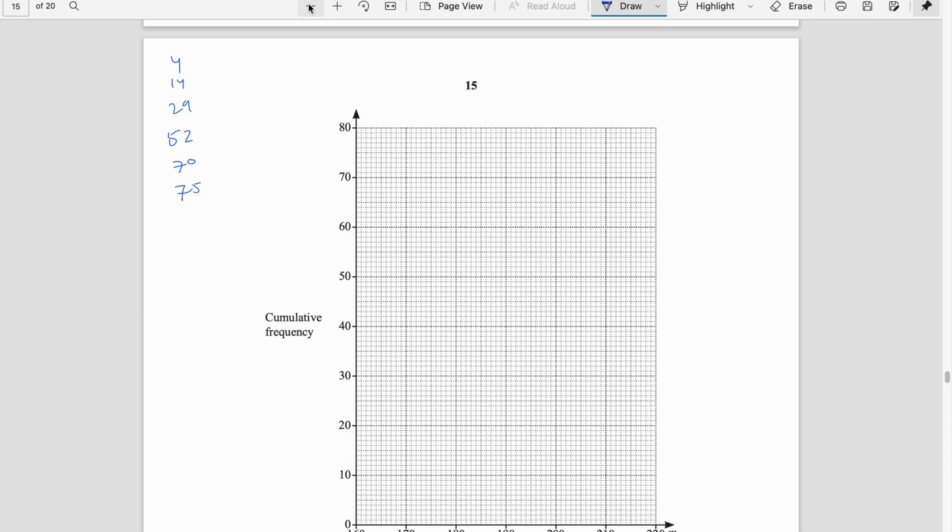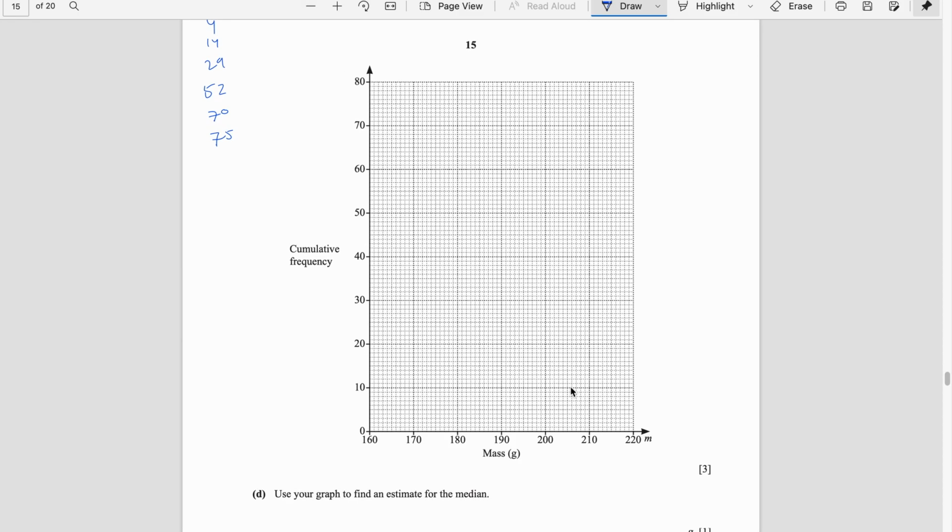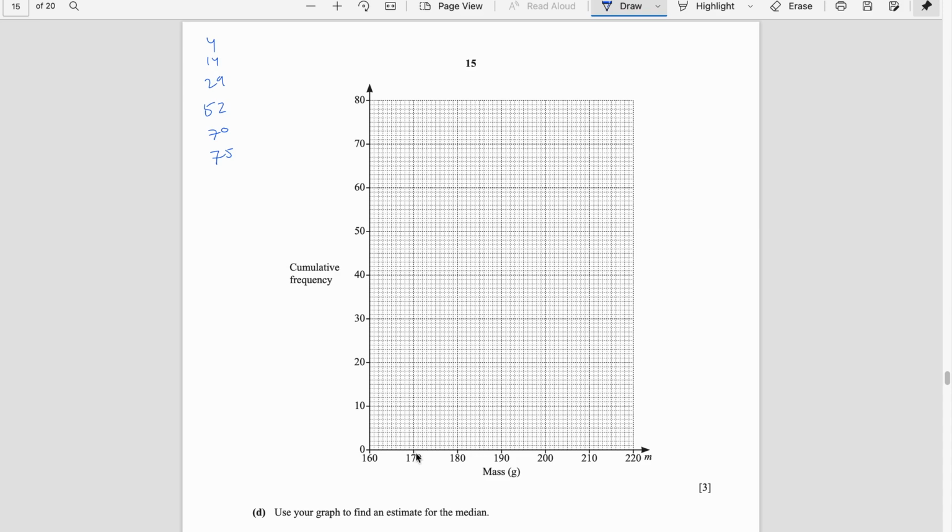So these are the values we'll be plotting against the given values on the x-axis. So 170 it is 4, 1, 2, 3, 4. 180 is 14. With 190 it is 29. With 200 it is 52. With 210 it is 70, and with 220 it is 75.